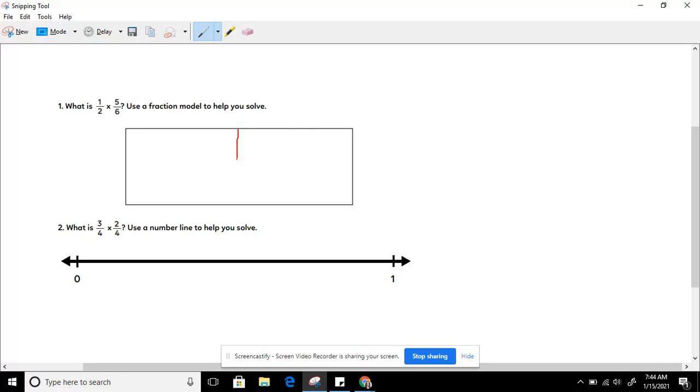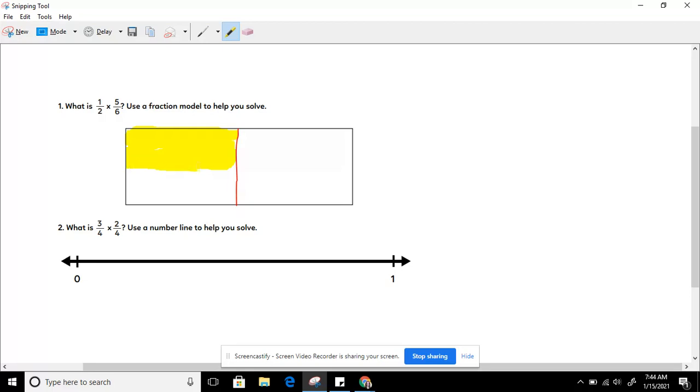So I'm going to start by just drawing a vertical line down the middle, and I'm going to color in 1/2. Let me try using the highlighter. That might be easier. Okay, just give me a second to shade in 1/2.